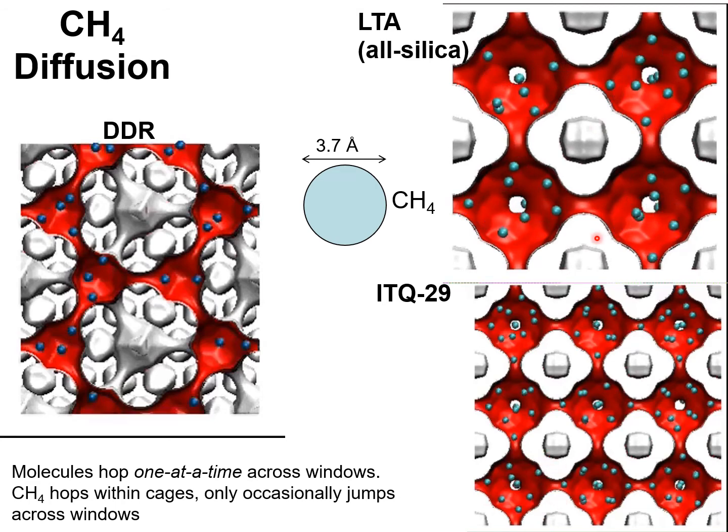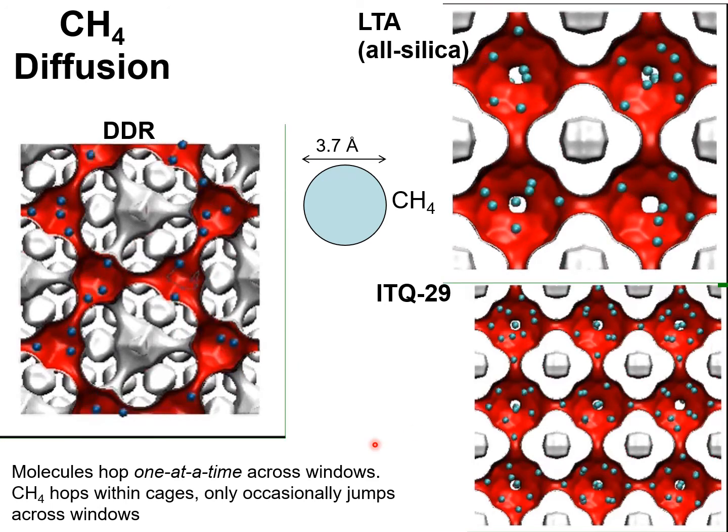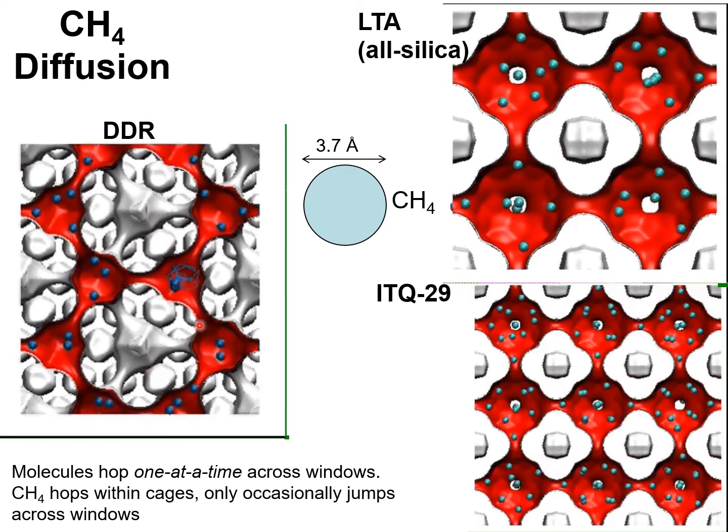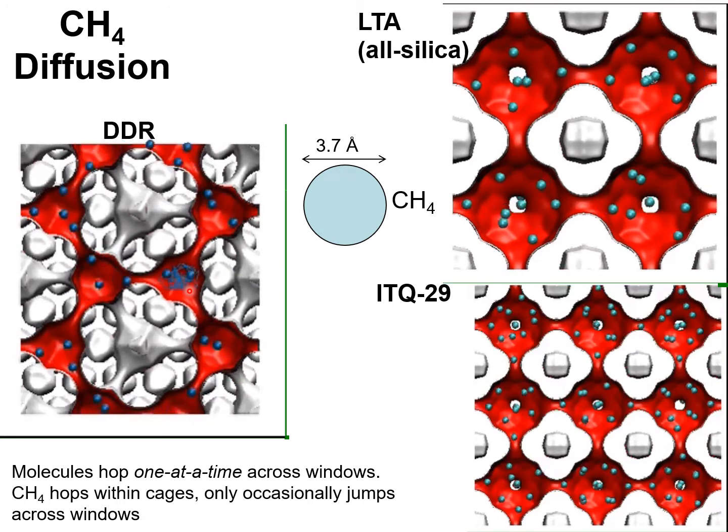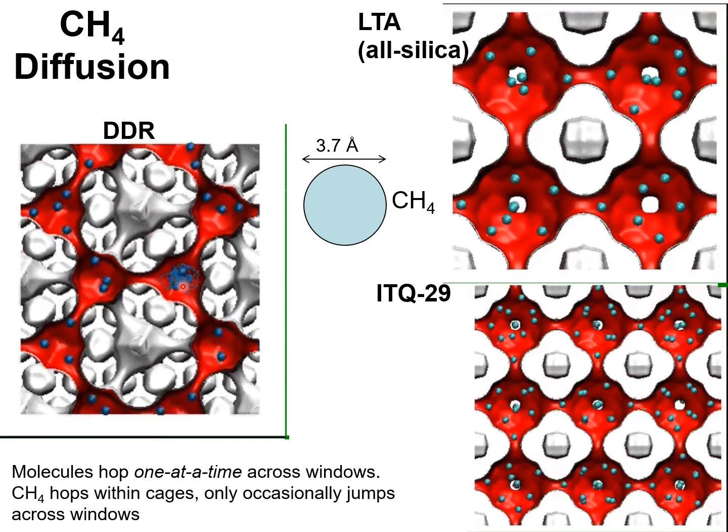The window dimensions of these two zeolites are larger than for DDR, and for DDR the diffusivity of methane is considerably lower than that for LTA and ITQ-29, and that is evidenced by the fact that most of the hopping occurs within the cage.